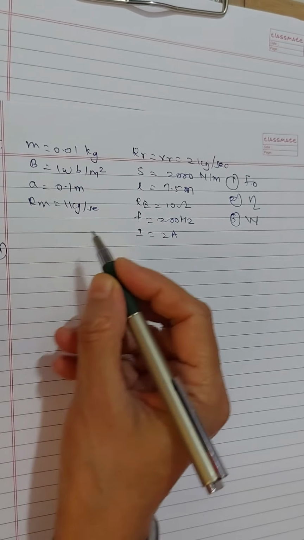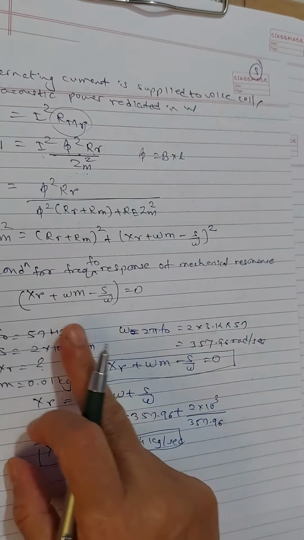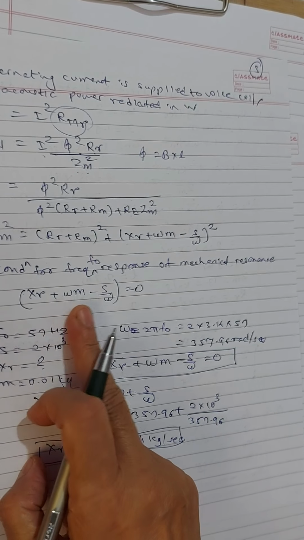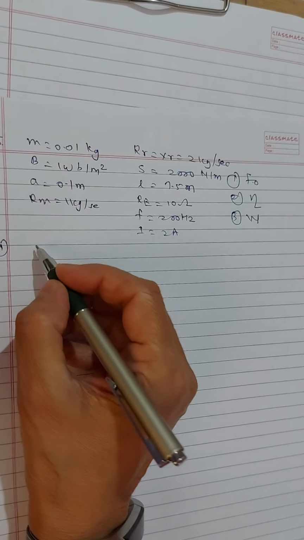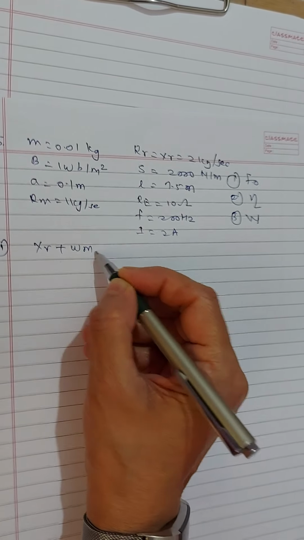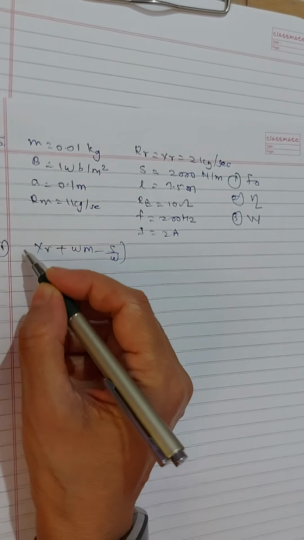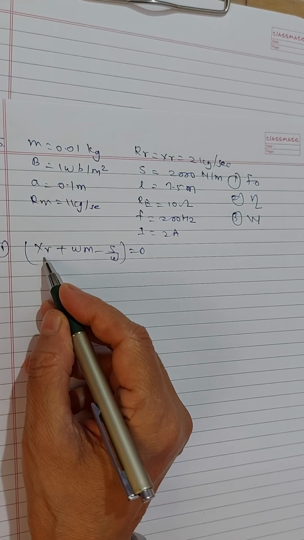So in finding F0, what is the condition first? Condition for resonance is XR plus omega m minus S by omega is equal to 0. So this we'll have to solve. Do I know XR?